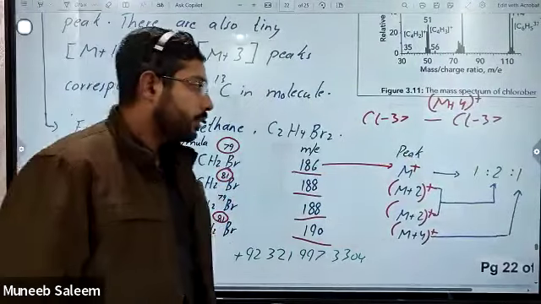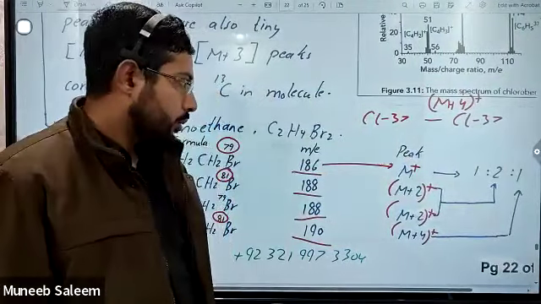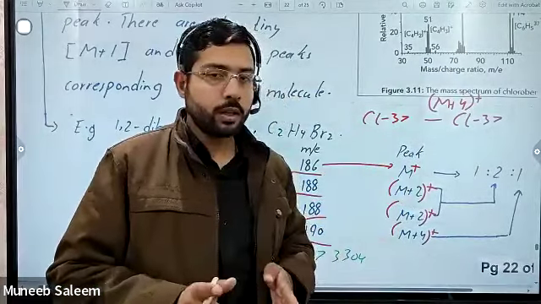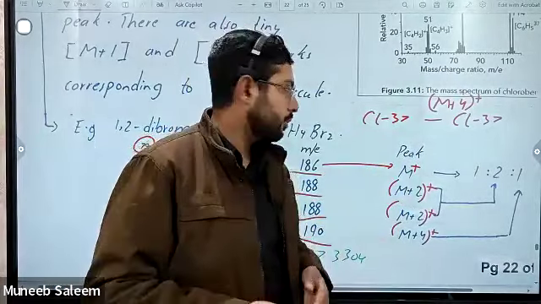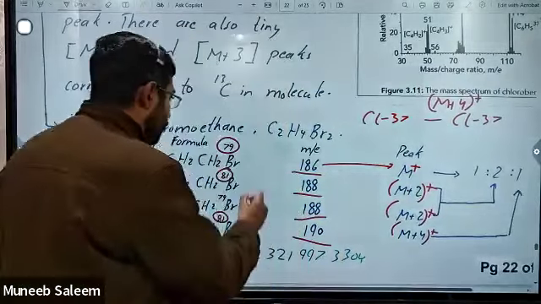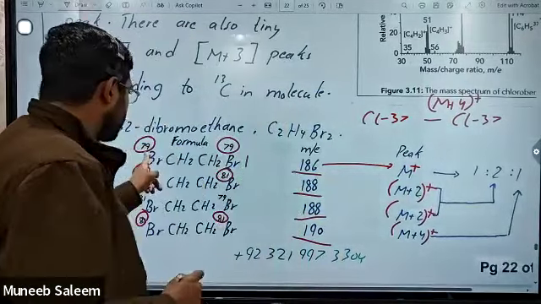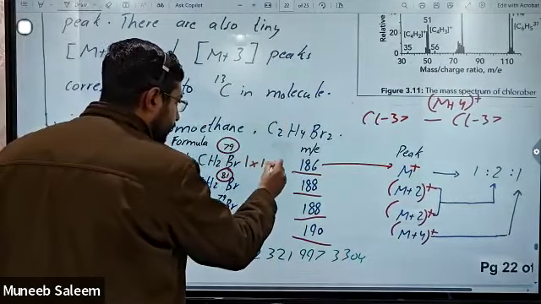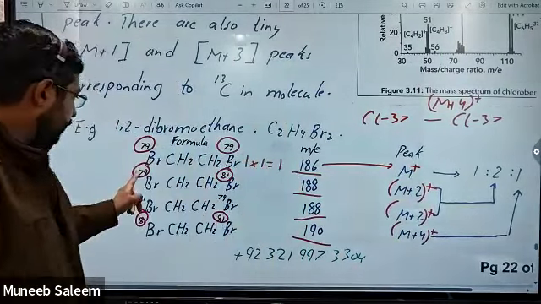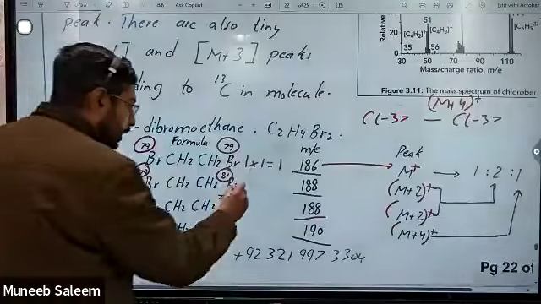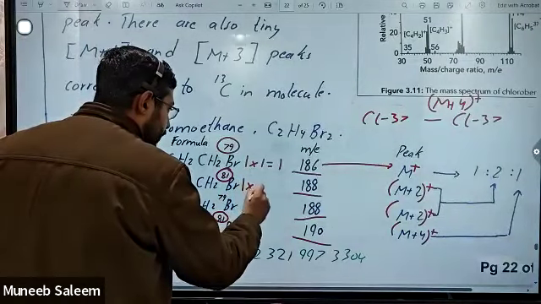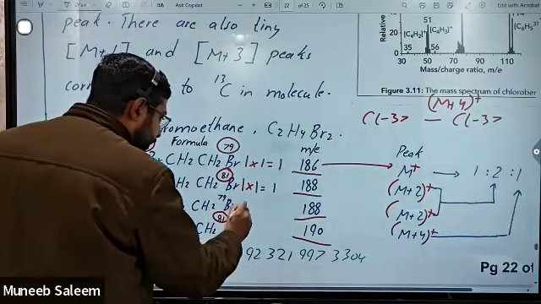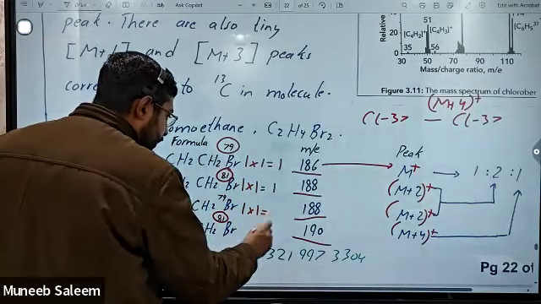Now, what about their ratios? You know that both bromine atoms are 1:1 because of their equal intensities. So I will write 1 for 79 and 1 for the other 79. It gives me 1. Now for 79 into 81, again it gives me 1 into 1 equal to 1. 81 into 79 gives me 1 into 1 equal to 1.